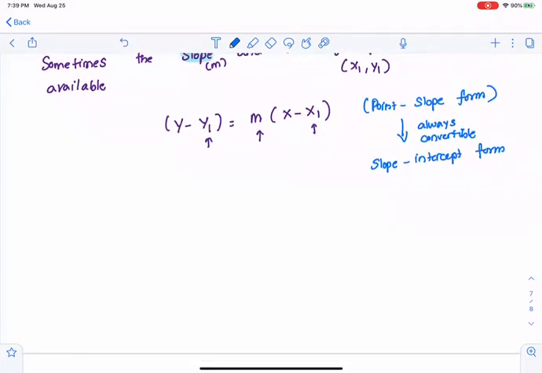So you can go from point slope, rearrange a bunch of values, you'll get the slope intercept form. So I like to start with the point slope form and end up in the slope intercept form. But once again, it is a matter of choice. But do keep in mind, the other way, slope intercept form to point slope form is not so easy. But point slope to slope intercept, it's very direct and you can do it easily.